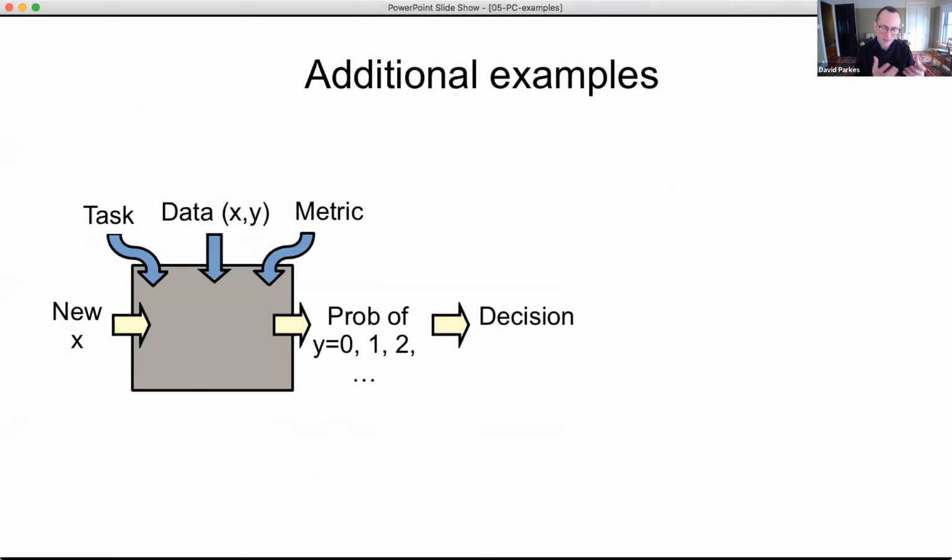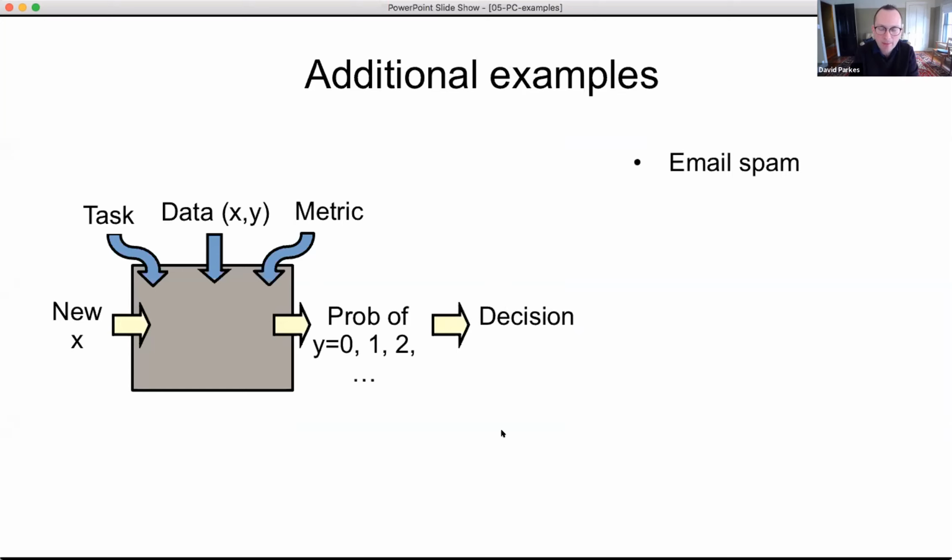In the swipe example, the classes were the different words. And this is feeding into a decision problem. Oftentimes when we're thinking about artificial intelligence and using machine learning, we're ultimately interested in making decisions.